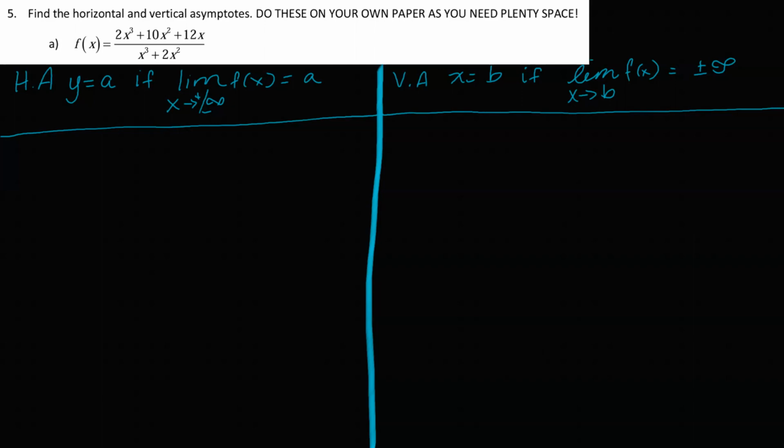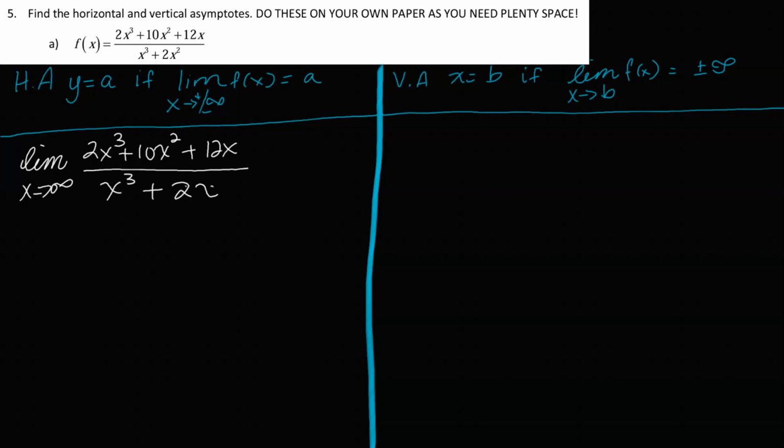Okay, so then here we would say, let's take the limit as x goes to infinity of 2x to the third plus 10x squared plus 12x divided by x to the third plus 2x squared.